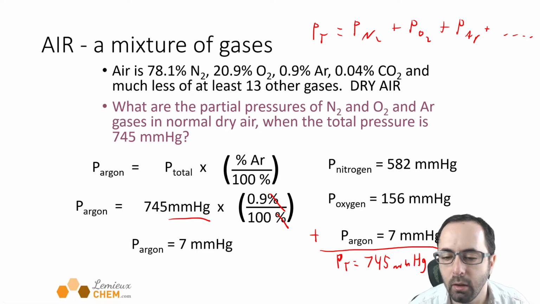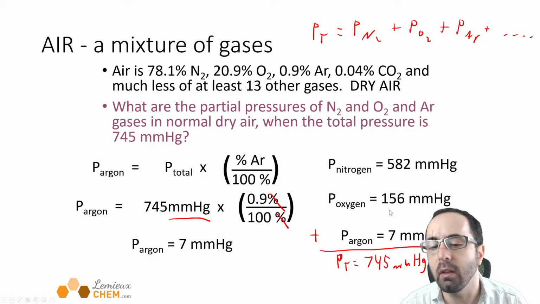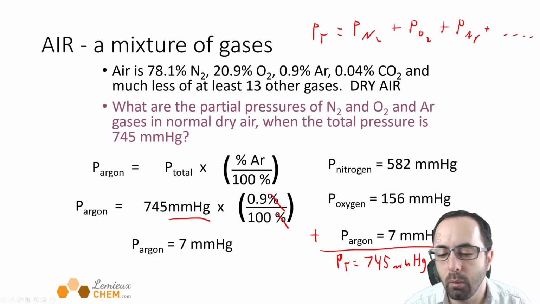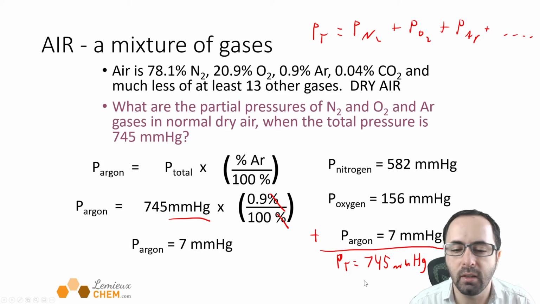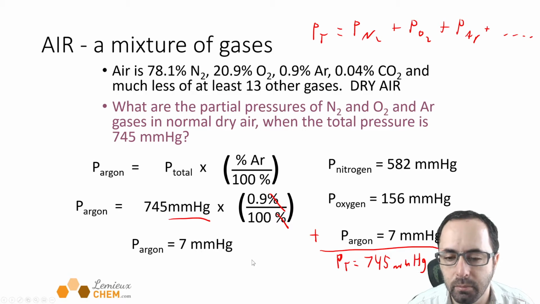And notice that it doesn't matter which gas it is. It only matters how much of it there is. If we want the total pressure, we just add them all up, and they're all treated the same. All it depends on is how many atoms or molecules of that particular gas there are. That dictates what the partial pressure of that gas is.